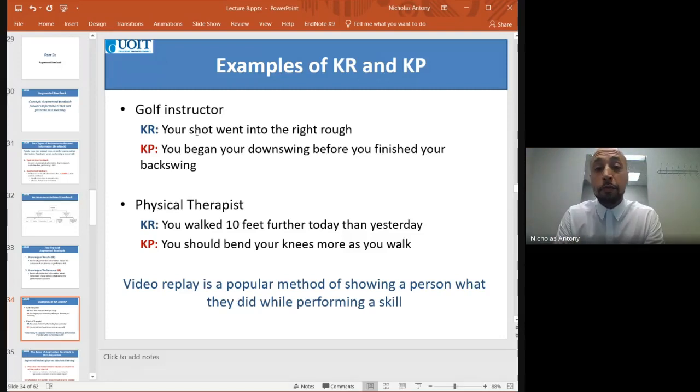If you gave them information about their performance, or KP, you're talking about their movements. So that kind of feedback, or augmented feedback, would be you began your downswing before you finished your backswing. So you can see how the initial example was talking about the outcome versus the second example, the KP, is talking about their movements. Make sense?